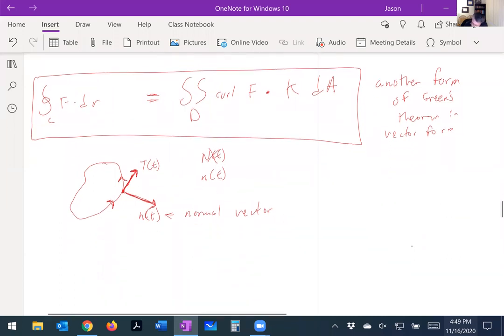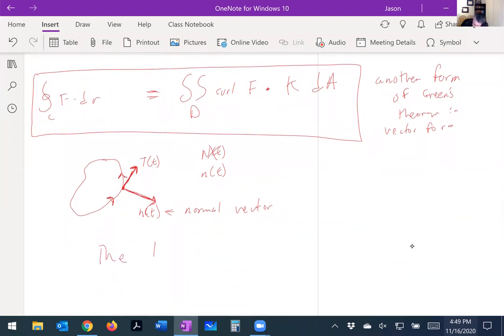Okay, and we're going to say that the n of t could also represent some normal vector field too.